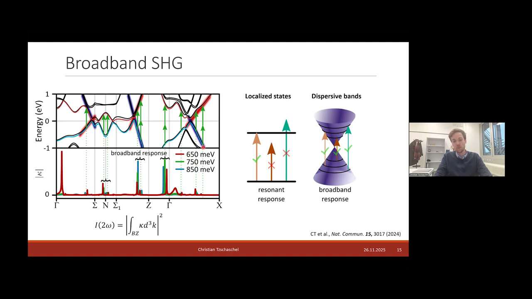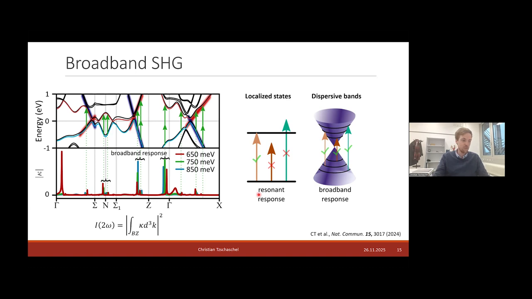But for all photon energies, there always is a transition that gives rise to some SHG response, and hence also to a diode effect with comparable magnitudes in general. This is qualitatively different from a magnetoelectric insulator, where you would predominantly get resonant responses, and this is microscopically the origin of our broadband response.